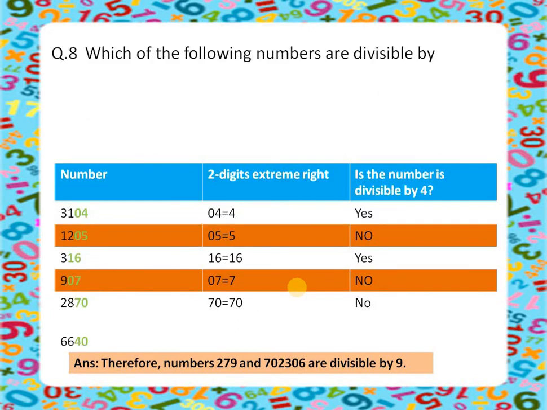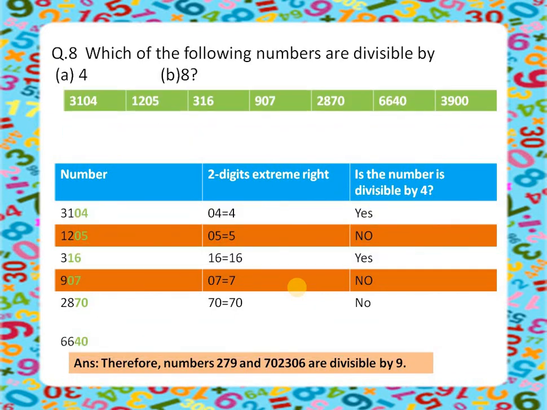Question number 8. Which of the following numbers are divisible by 4 and 8? So we have to know the numbers first. 3104, 1205, 316, 907, 2870, 6640, 3900.